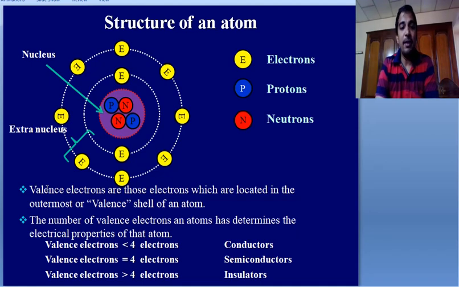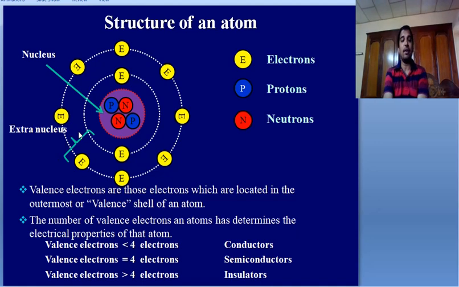See this, valence electrons are those electrons which are located in the outermost or valence shell of an atom. The number of valence electrons an atom has determines its electrical properties. If you have valence electrons about 1, 2 or 3, you call it a conductor, meaning these electrons have less bonding force with the nucleus compared to insulators.